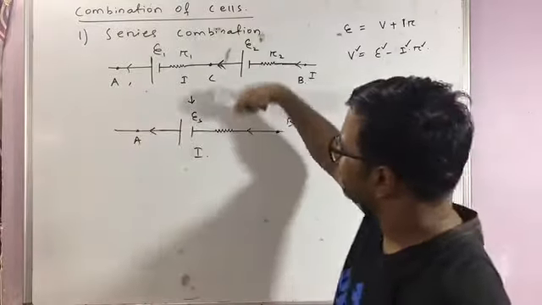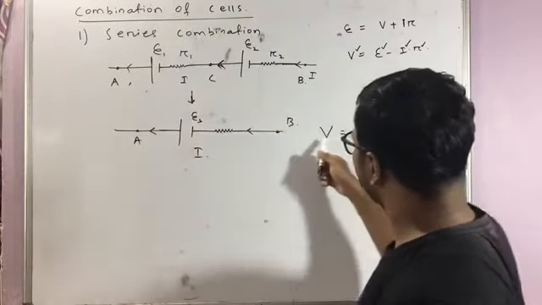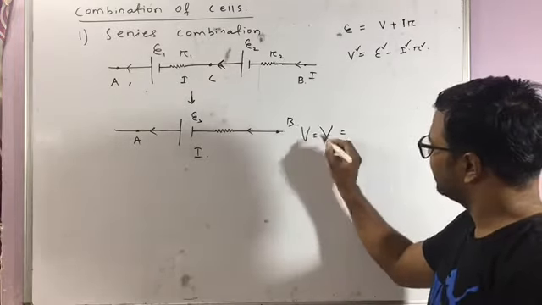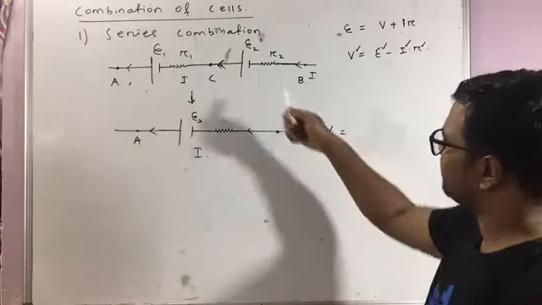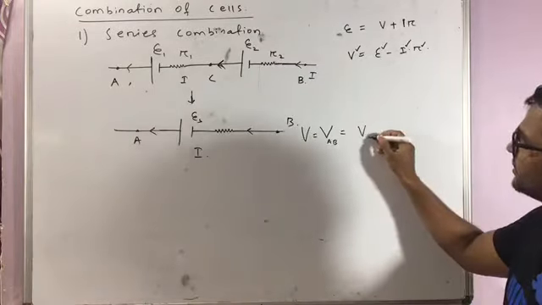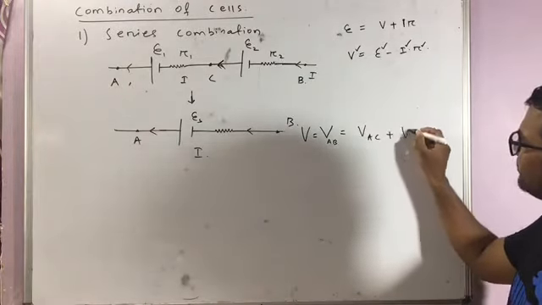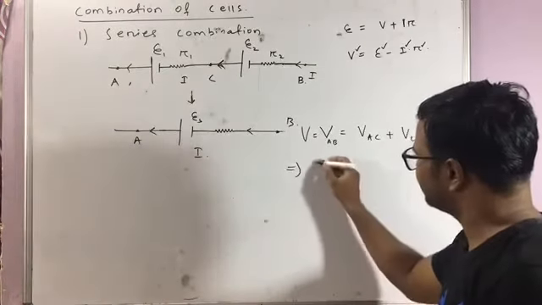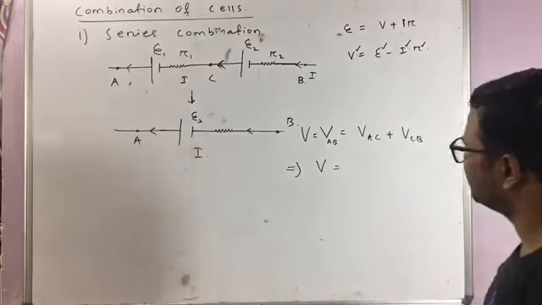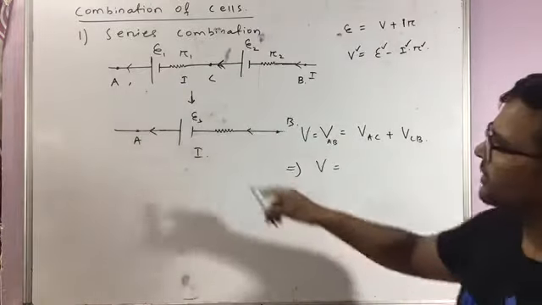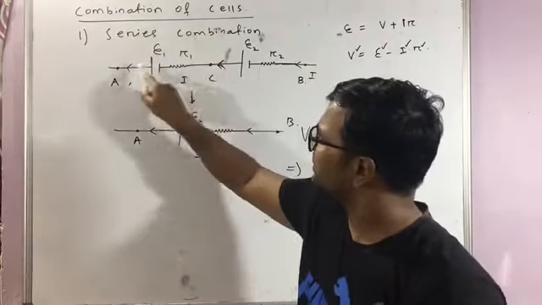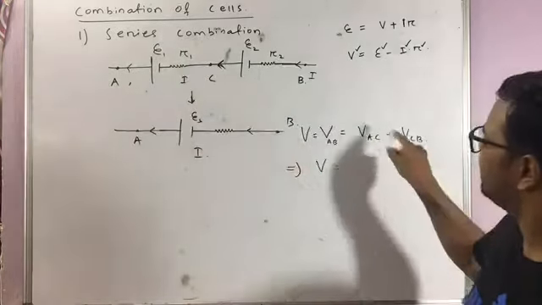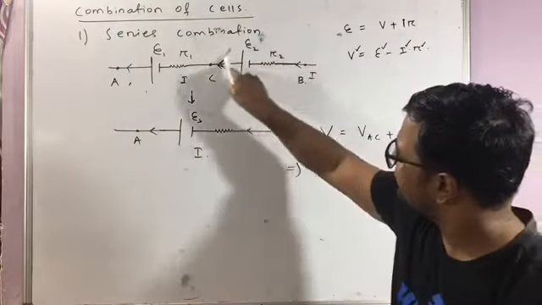If we compare these two diagrams, V is nothing but VAB, which is your V. VAB means that we can say which is VAC plus VCB. So which implies V is equal to simply VAC plus VCB. VAC is nothing but the terminal potential difference across the cell 1, and VCB is the terminal potential difference across the cell 2.